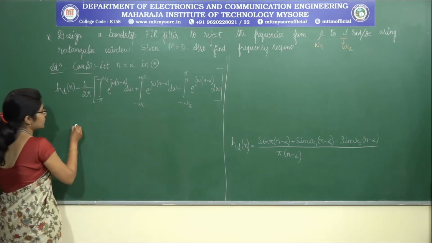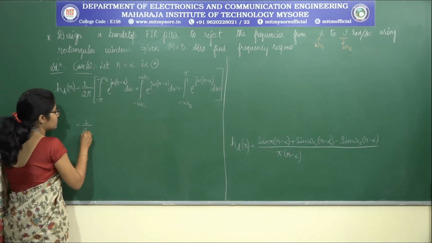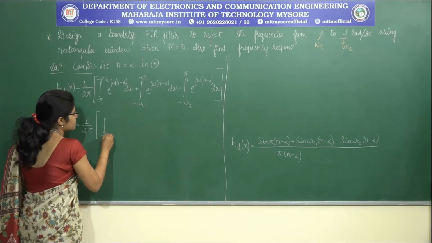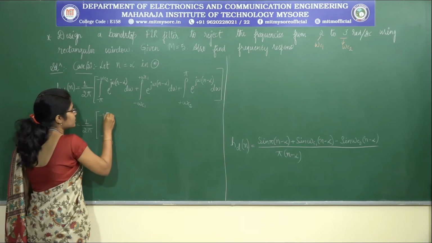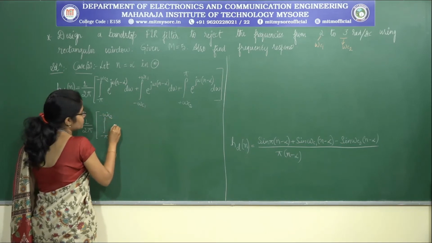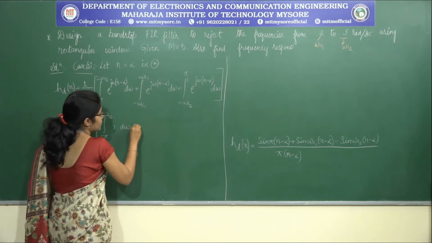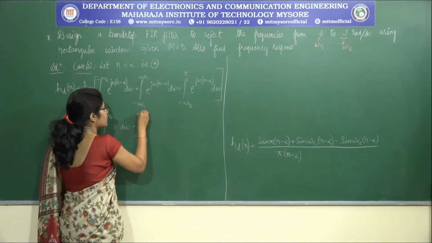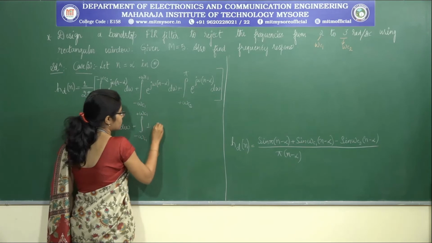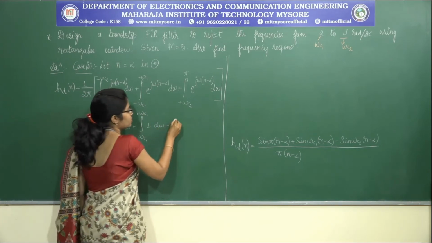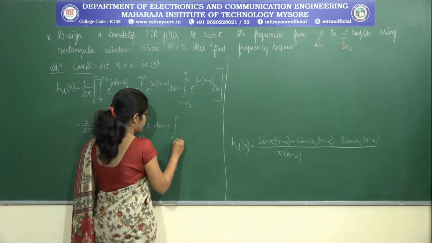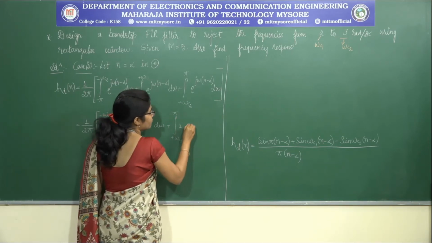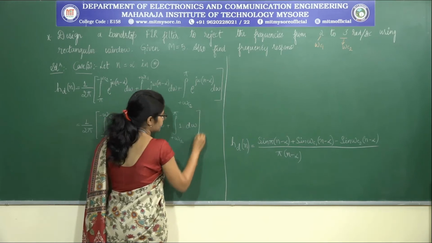So if I rewrite the equation, it will be 1 by 2 pi, integral from minus pi to minus omega c2 of 1 into d omega, plus integral from minus omega c1 to plus omega c1 of 1 into d omega, plus integral from plus omega c2 to pi of 1 into d omega.